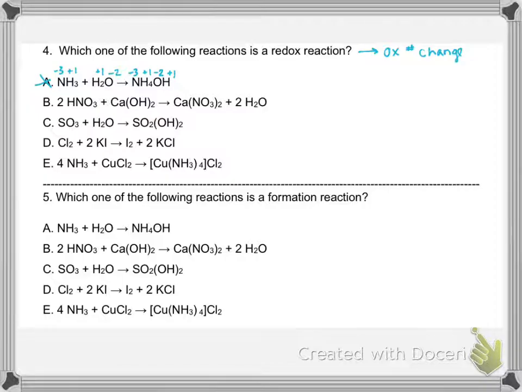So we'll do the same thing for B. Hydrogen +1, +1, oxygen -2, overall -6. So the nitrogen must be +5. What I'm going to do is I'm going to call just this overall hydroxide as -1. So this whole group -2 overall. So the calcium is going to have to be +2.